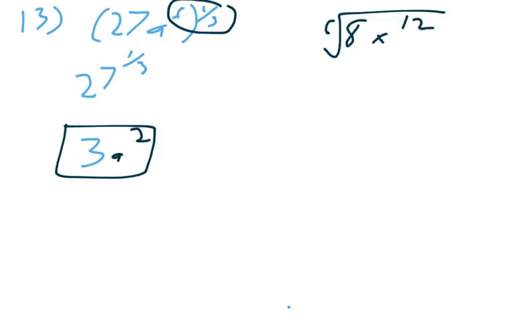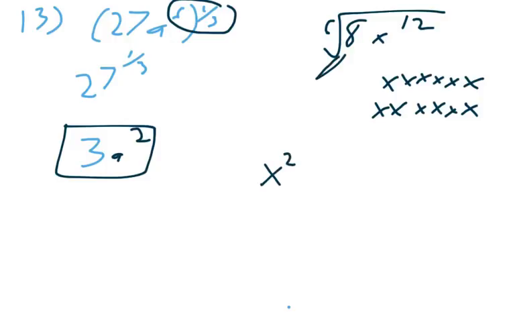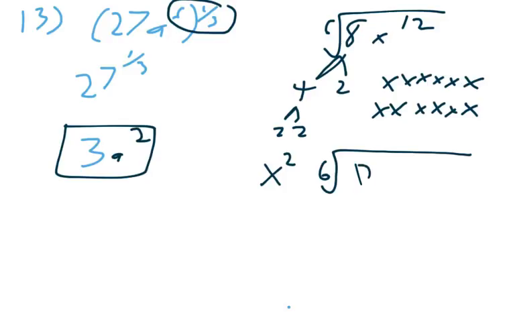The easy thing to do here is the x to the 12th, because I have two sets of x's, so there's going to be an x squared on the outside. And when I break down 8, it's 4 times 2 and 2 times 2, which means we got the 6th root of 2 to the 3rd power.